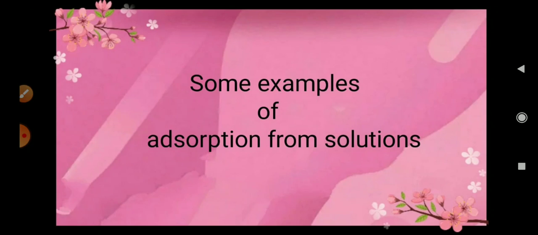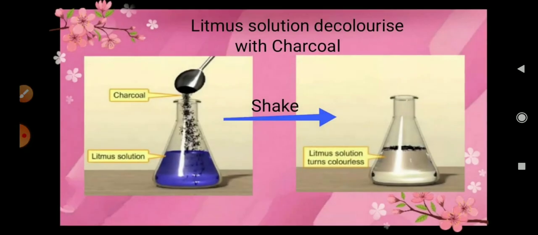First of all, let us discuss some examples of adsorption from solution. First example, let us take litmus solution that is blue in color in a conical flask, which is shown in the first figure, and add charcoal to it.